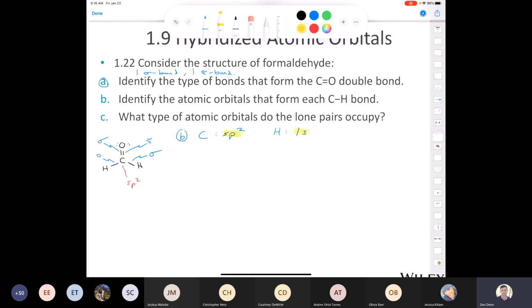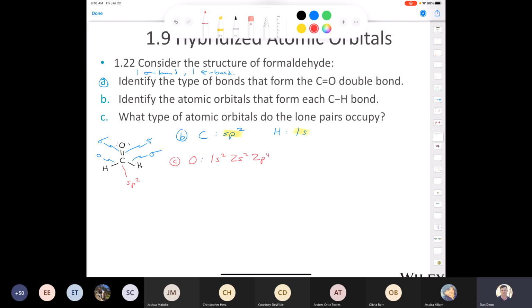And in C, it says, what type of atomic orbitals do the lone pairs occupy? Well, this one might take us a little bit more time, but let's look at the electron configuration of oxygen. Remember, valence electrons are the only electrons that are involved in bonding. But let's just look at the entire electron configuration, 1s2, 2s2, 2p4. So that is the electron configuration of oxygen.